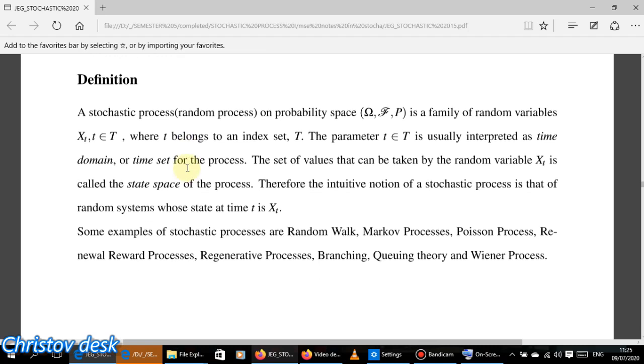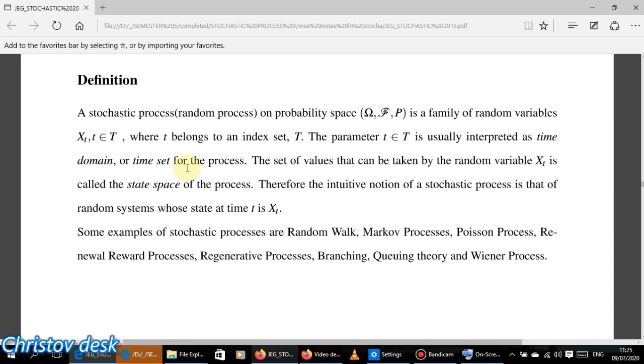So the set of values that can be taken by the random variable S_t is called the state space of the process. So what are the possible values that S_t can take? Like a sample space. Those values are in the state space.